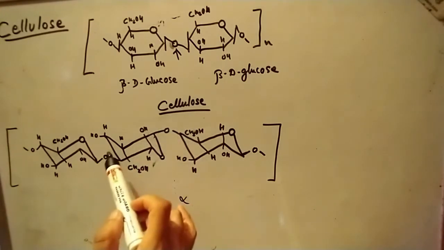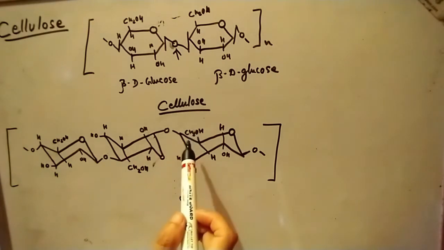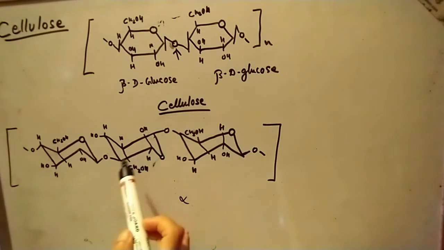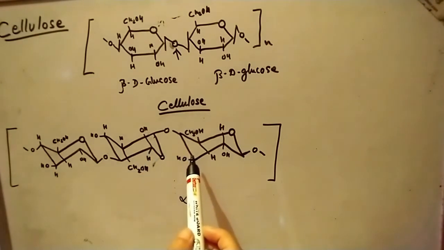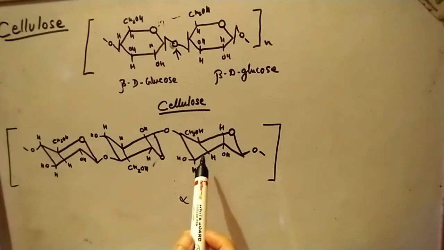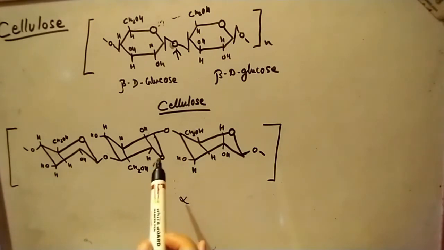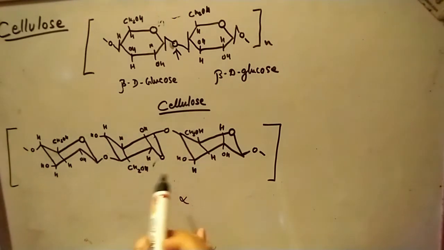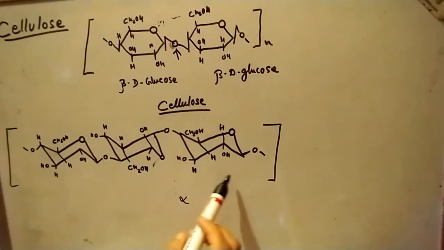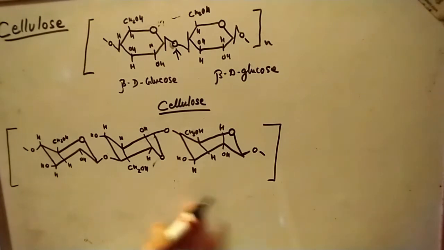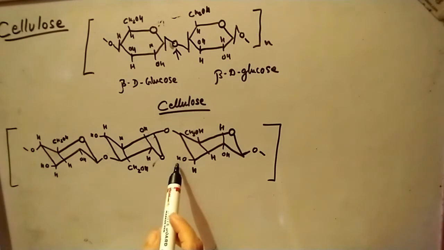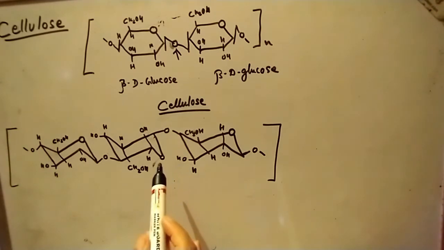You can see in this figure there is free rotation, and each chair is turned 180 degrees relative to the preceding subunit, thus yielding a straight, extended, stable chain. This renders the fibers great tensile strength, and it is a chain in which the D-glucose units are in beta 1,4 linkage.